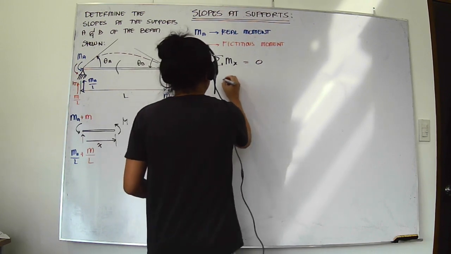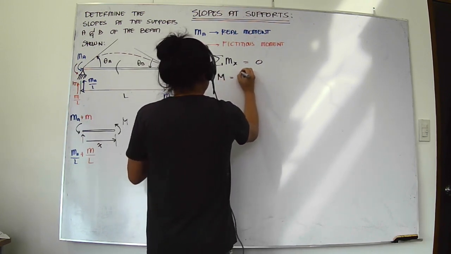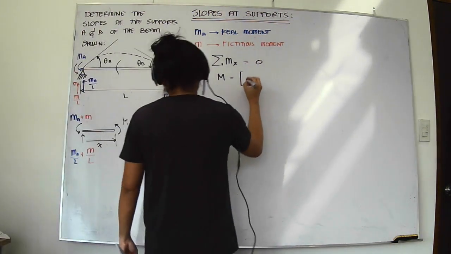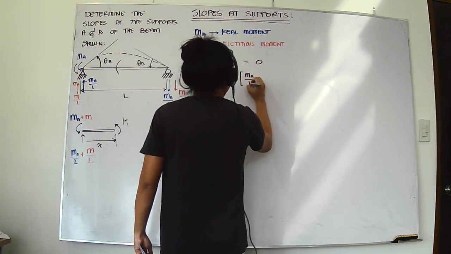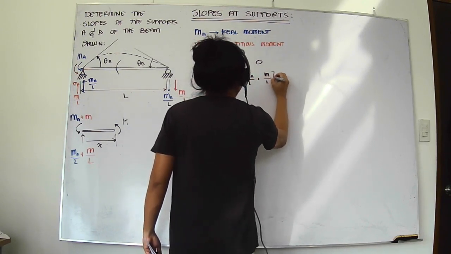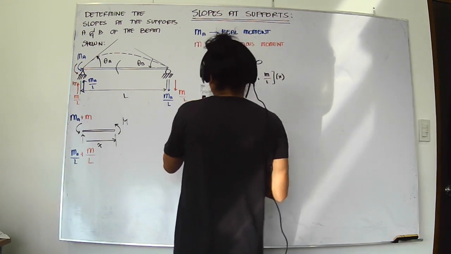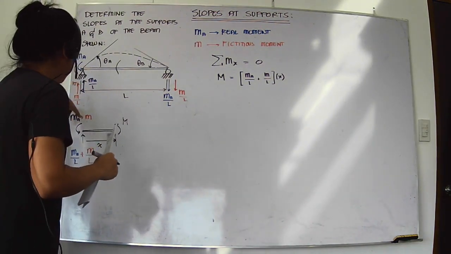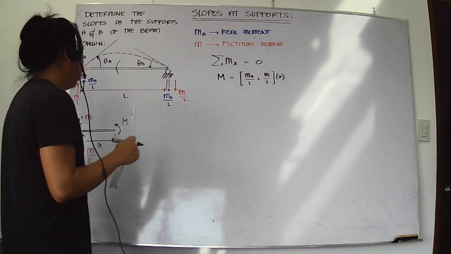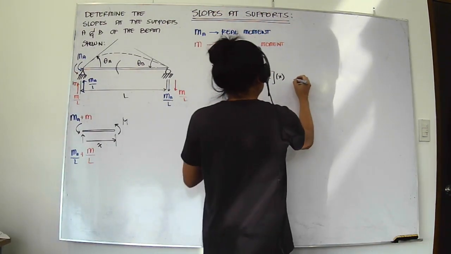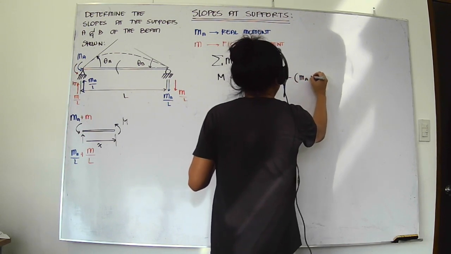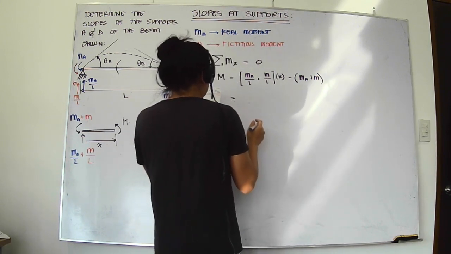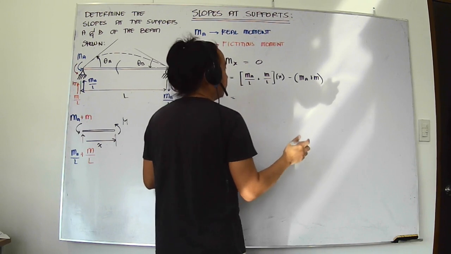Our m would be equal to the first term, MA over L plus M over L multiplied by x, the moment arm. This one is positive because it is clockwise, and this one is counterclockwise, so it becomes minus MA plus M. Then we group together all the MA or M terms.